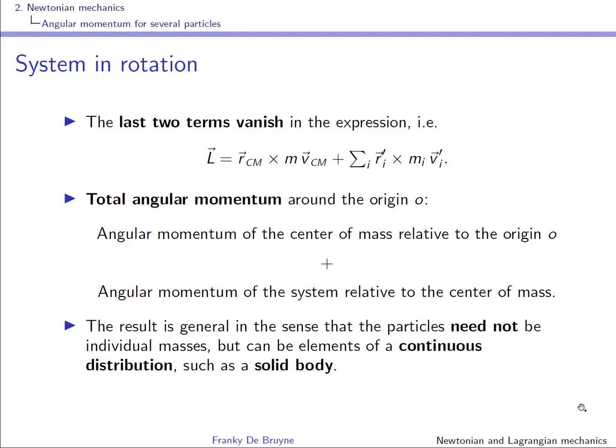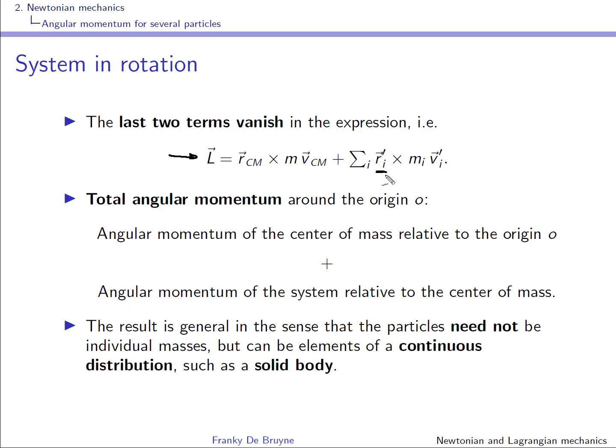Okay, so we're writing the total angular momentum. We have rewritten it using these vectors Ri prime that are starting from the position of the center of mass to the individual particle i, right? We had initially 4 terms, but the 2 last terms disappeared.